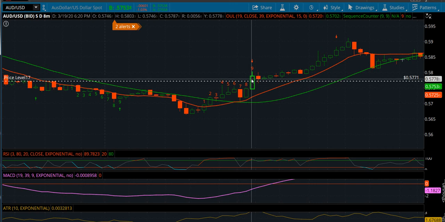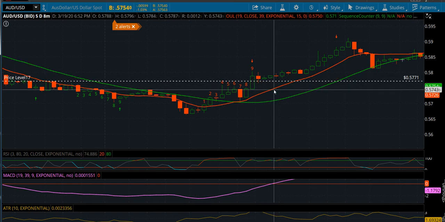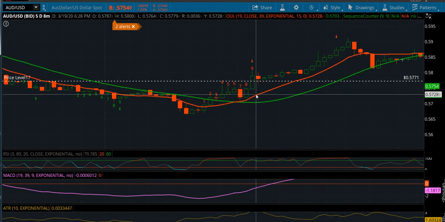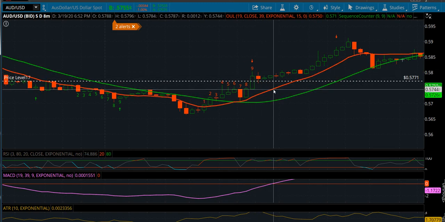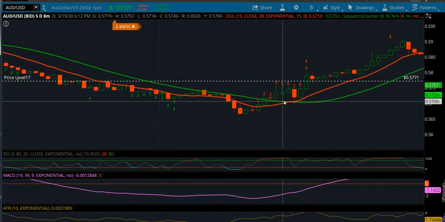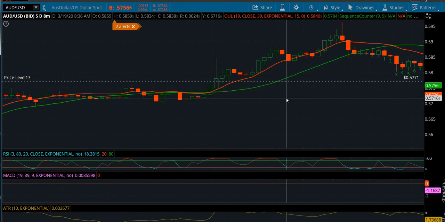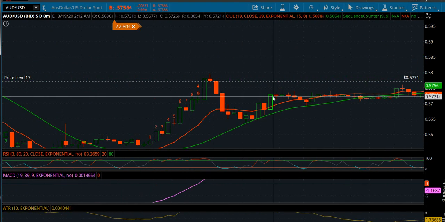You get a 9 count to the upside. Okay. Now you don't want to take this trade. Why? Because price didn't get below the red line, did it? Okay. But had it, okay. Let's see if I can find one to have a good explanation here.